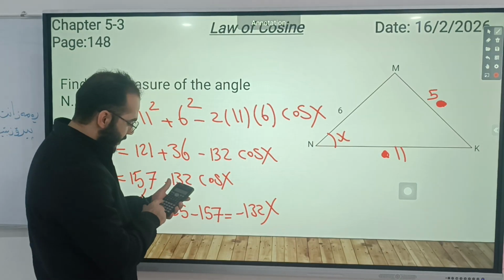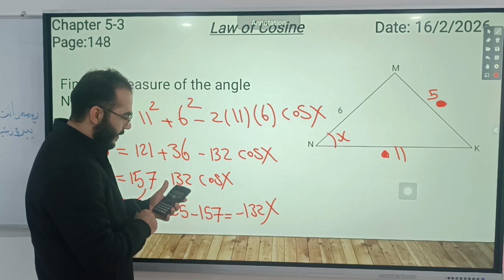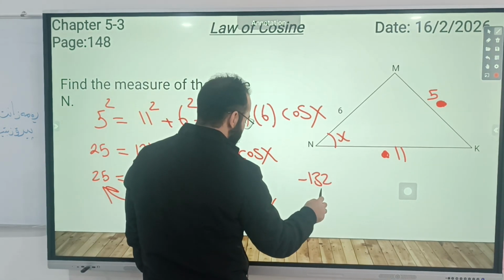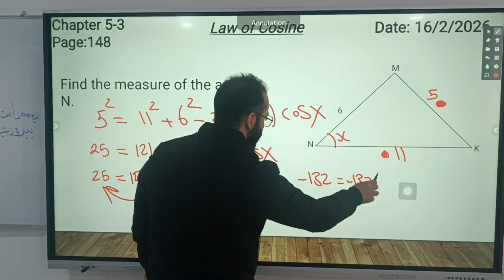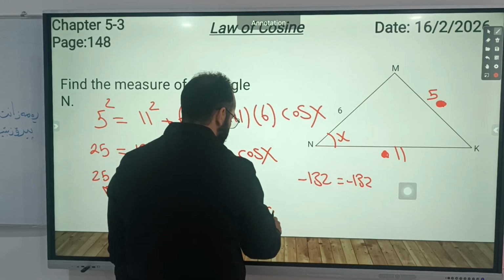So 25 minus 157 equals negative 132, equals negative 132 cosine x. Sorry, it should be cosine x here as well.